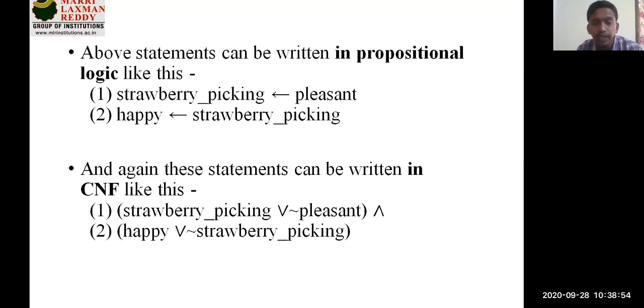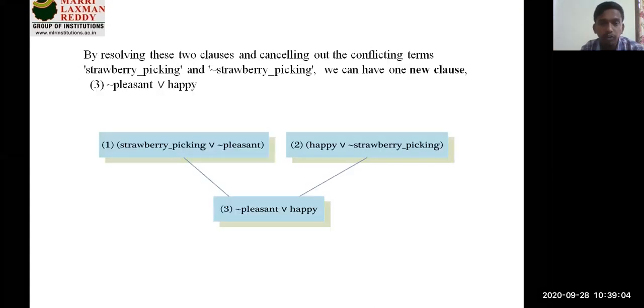That's how it is being converted. This is what we call your conjunctive normal form. Implication is converted to your or, that is negation of A or B. Okay. So finally, by applying your resolving method on these clauses, you need to get some conclusion.